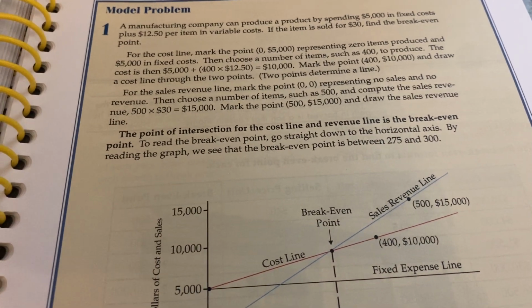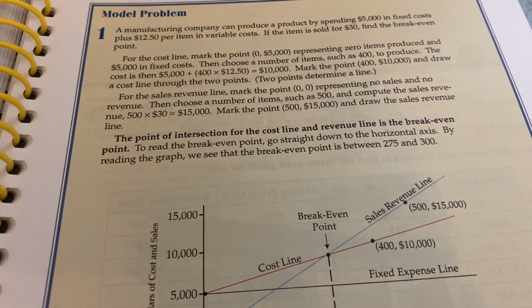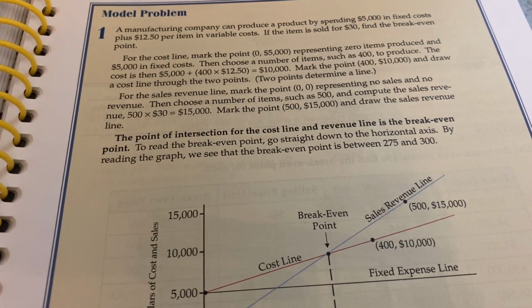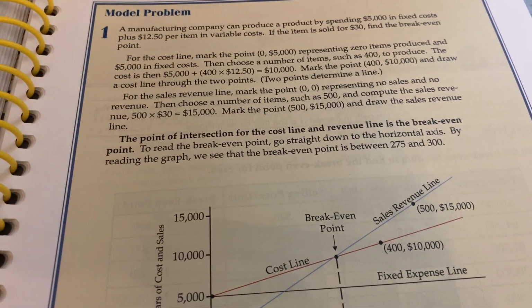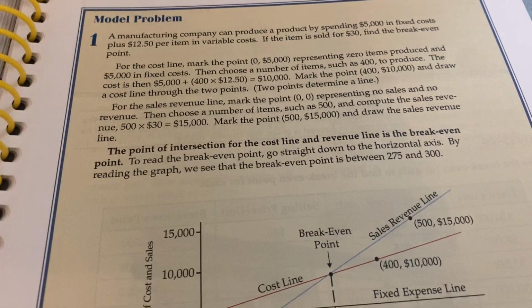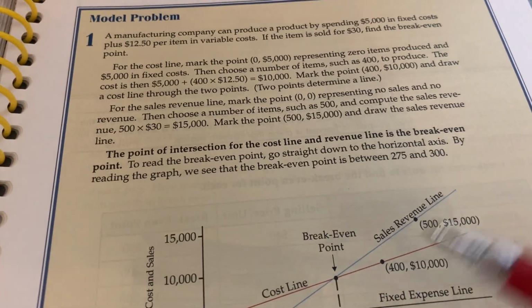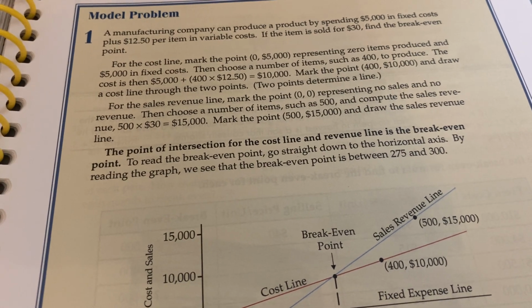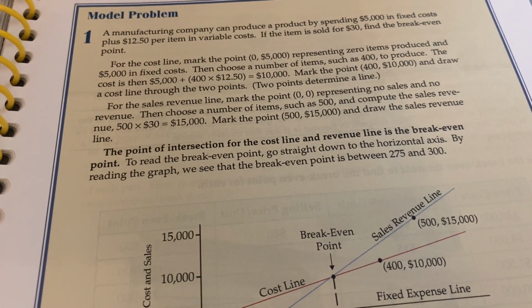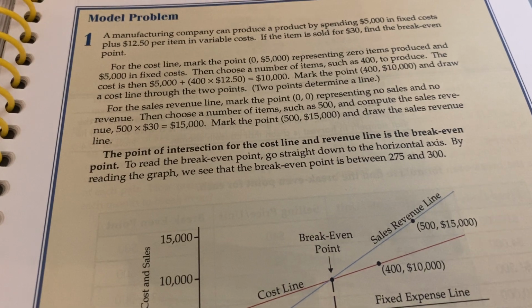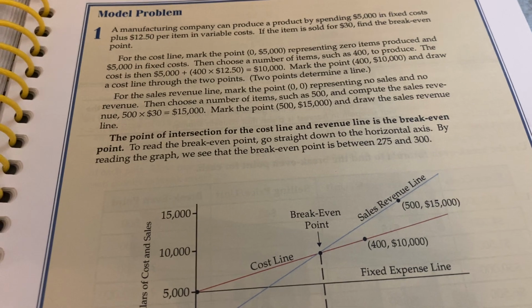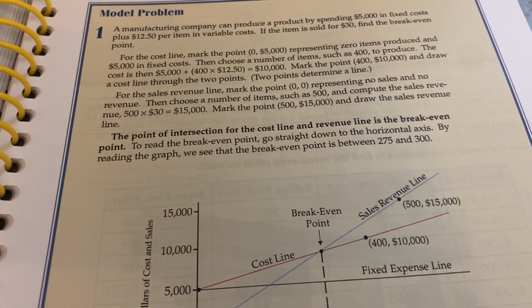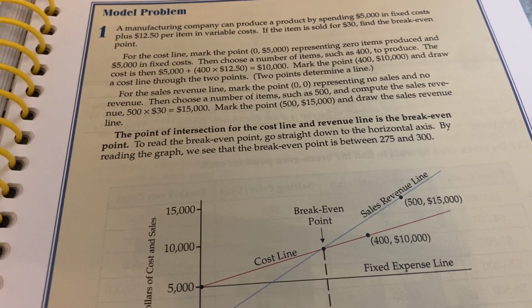Basically, it says a manufacturing company can produce a product by spending $5,000 in fixed cost plus $12.50 per item in variable cost. So to find this, you basically mark the 5,000 right here, and then from that point, the cost is 5,000 plus 400 times 12.50, which equals 10,000.